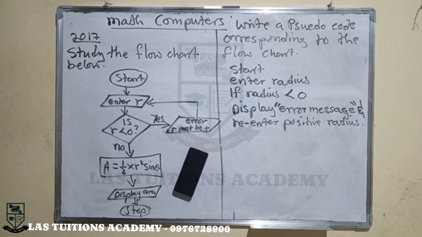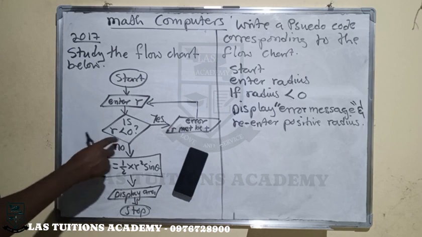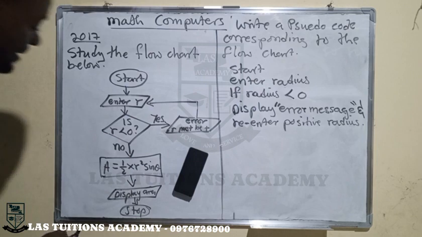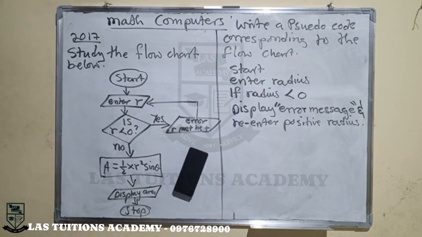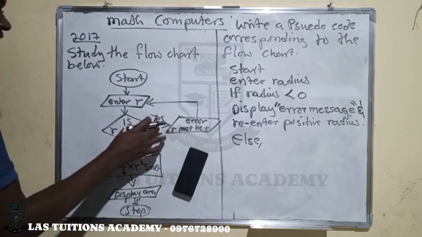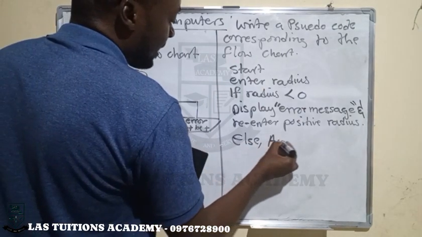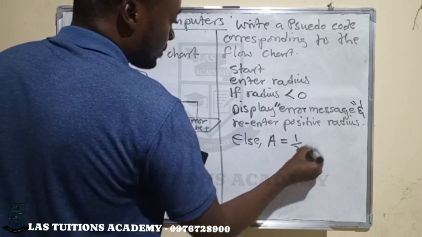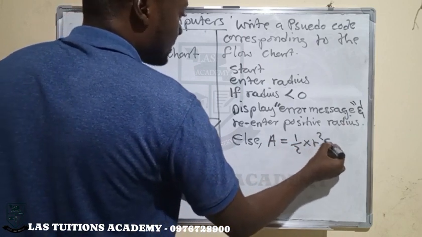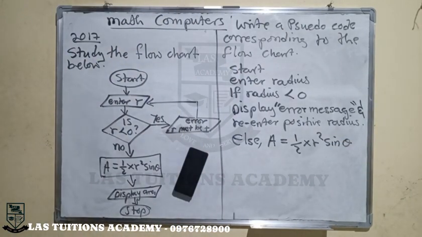So from here, the other decision is that if the radius is correct, is greater than 0, then area is going to be calculated using this formula. So here you say else, meaning other than this route here, else area is equal to 1/2 times r squared sine theta, because there was a decision to make there.